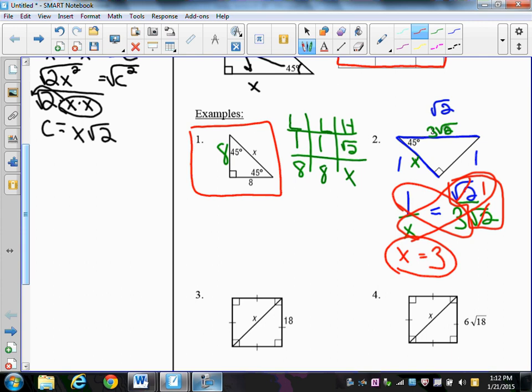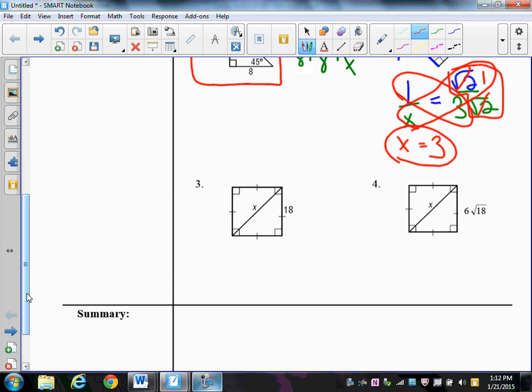We'll have more problems like this in class, so if I'm going a little bit too fast, don't worry about it. And hopefully you're starting to get the picture. So again, I have a 45, 45, 90. I know that because this is an equilateral triangle. It's a right triangle, so the two angles would need to be congruent.